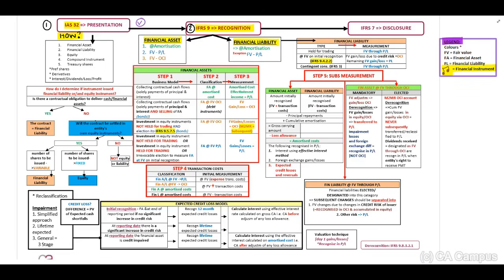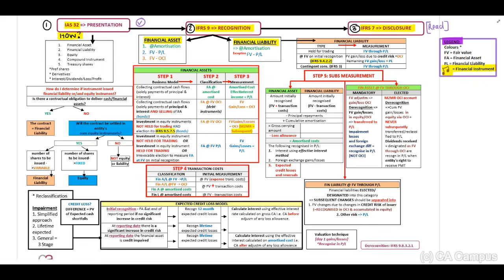Now, IFRS 7 indicates to us how to disclose our financial instruments. You will identify that I did not include any notes. Please, you need to read IFRS 7 on your own as self-study. Ensure that you highlight, flag, underline the standard properly.